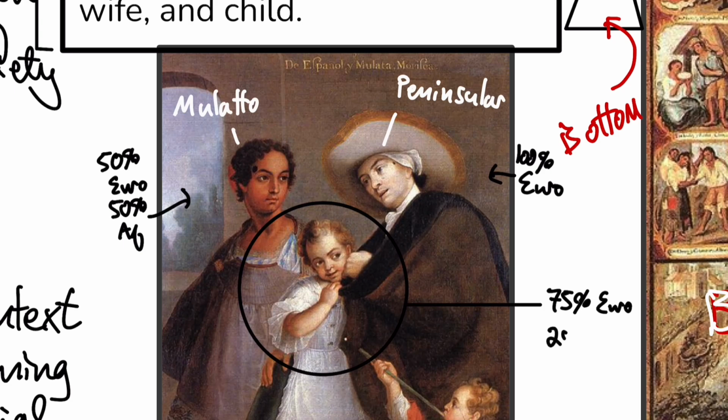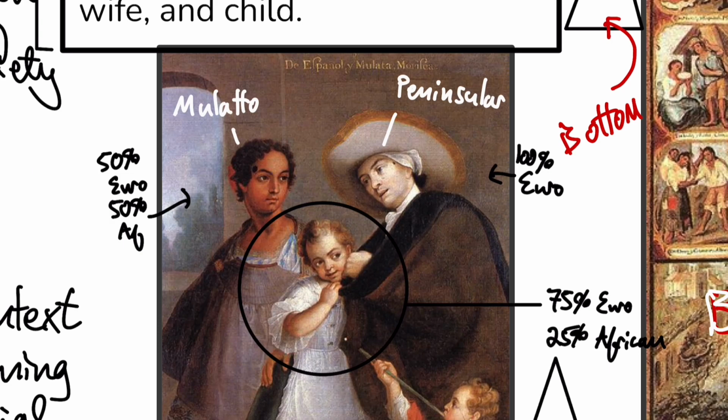Here you have a peninsular, a European. Here you have a mulatto woman. And then you have their children, which would also be mulatto, but they would be different percentages.